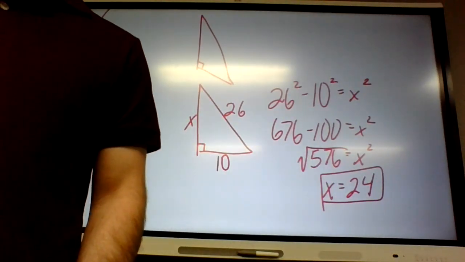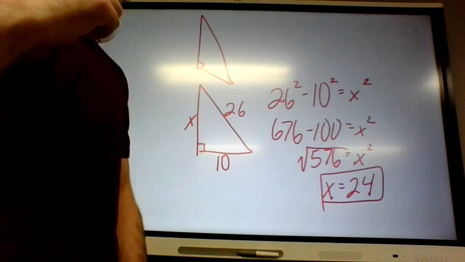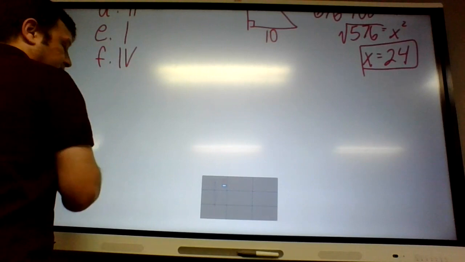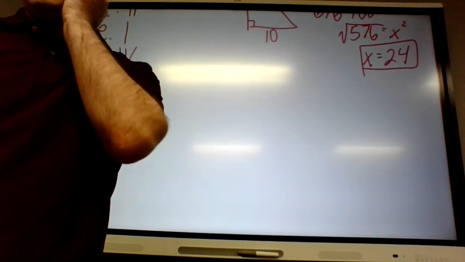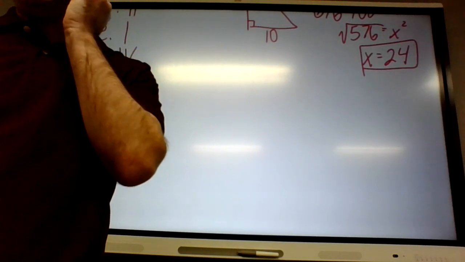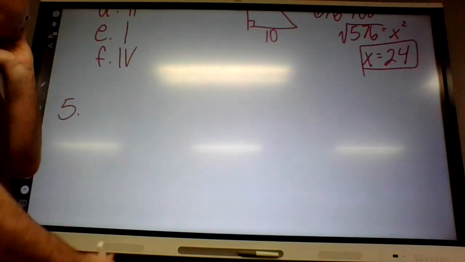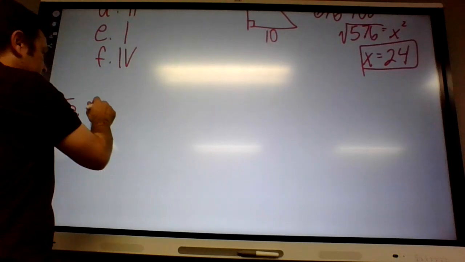Okay, number 5, we're actually finding the lateral areas and total surface area. So we need those formulas from before. Number 5. Okay, can you find in your notes, what's the lateral area for a cone? It's a really short one.